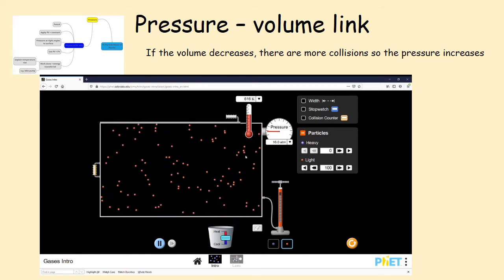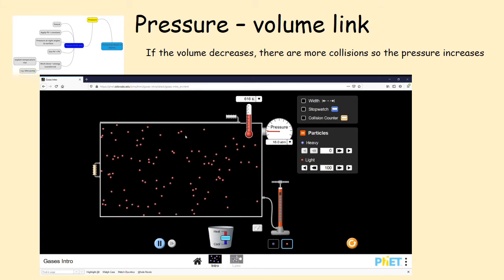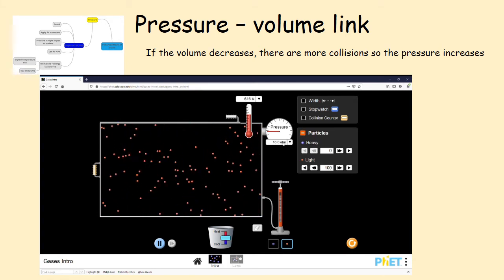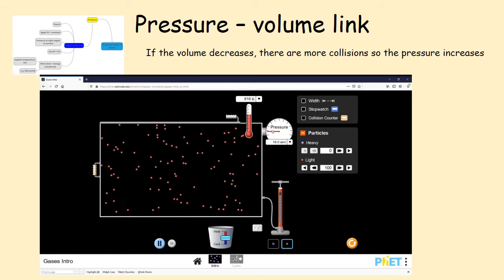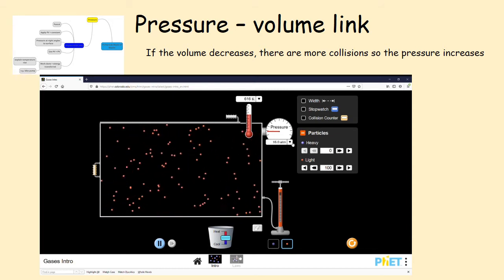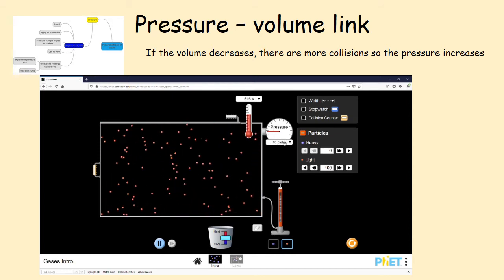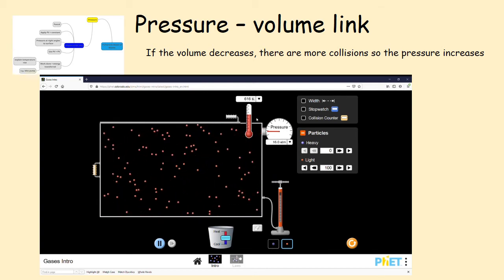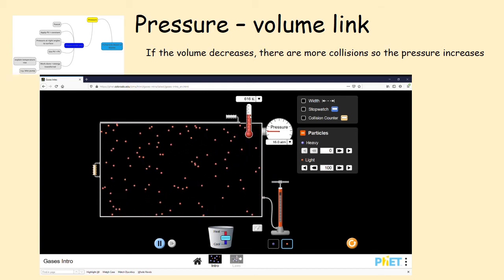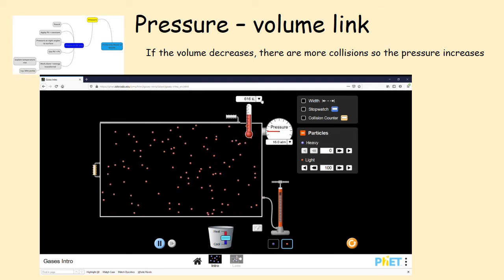Now the molecules hitting the side of the container, that generates the pressure, which is measured here. And the pressure here at the moment is 16 times normal atmospheric pressure. The temperature there is shown at 616 Kelvin.